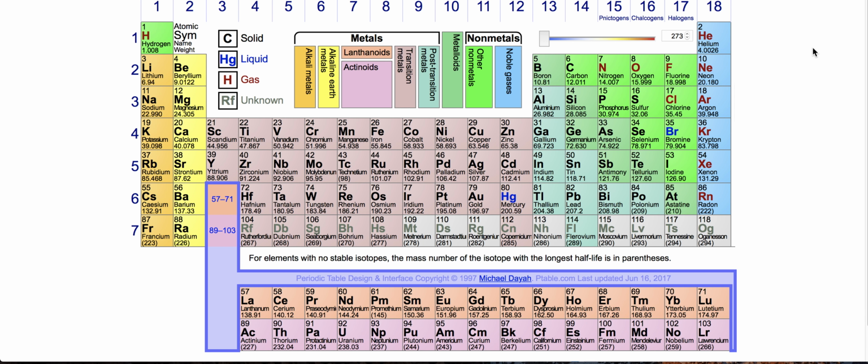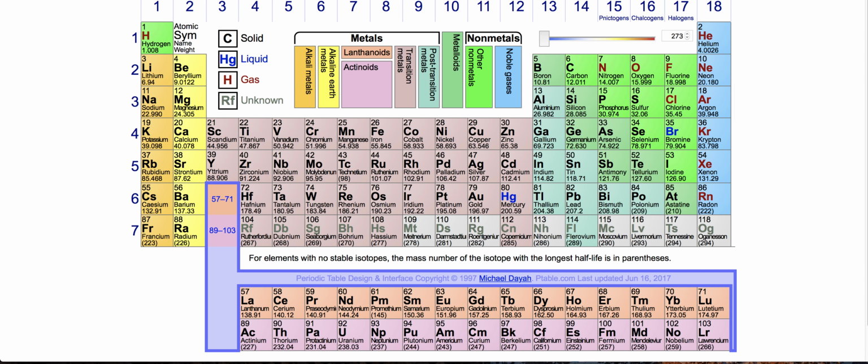Part of the reason is that I can't write on the screen right here, so I can't write electron configurations as I'm doing them. But I can make this thing pull up electron configurations.